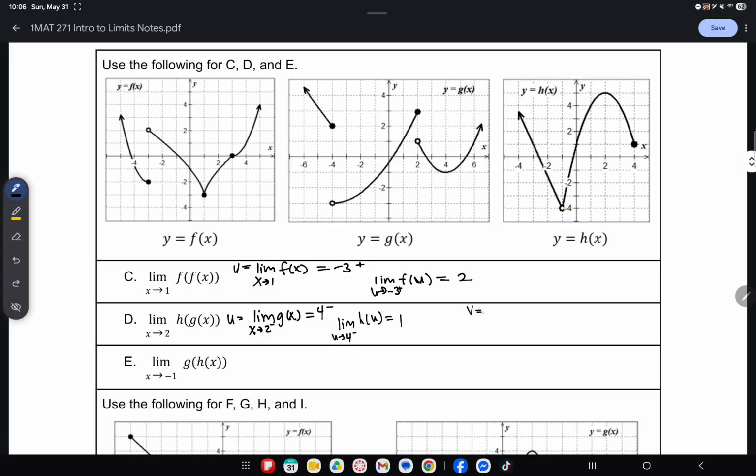I'm going to use v. v is going to be the limit as x approaches 2 from the right of g of x, which is 1, and again, it's from below. So then the limit as v approaches 1 from the left for h. Here's h, and we want 1 from the left, which is 4.